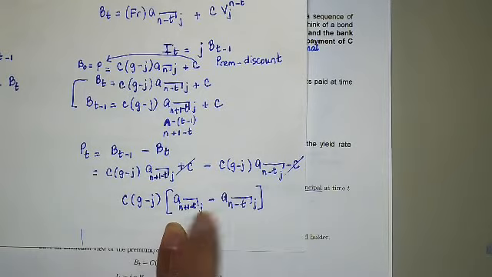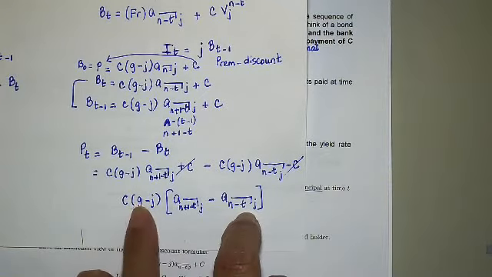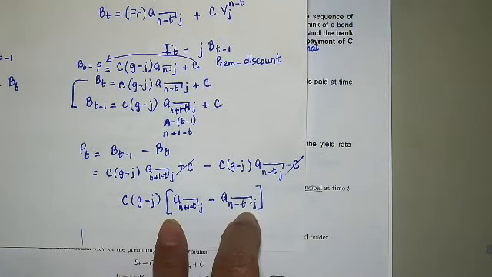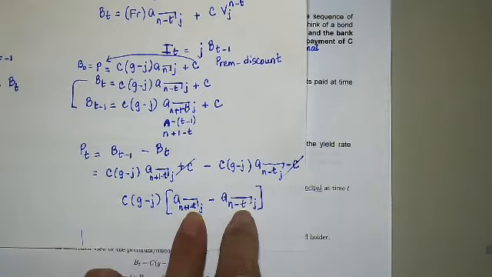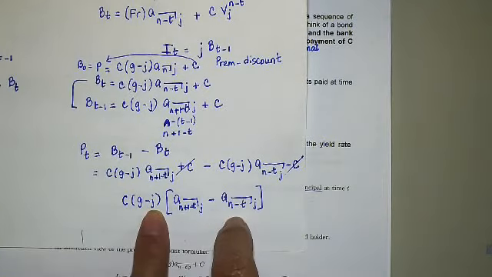Let me explain. You see this first term right here? A angle N plus 1 minus TJ? That's an annuity with how many payments? N plus 1 minus T payments. This one is an annuity with payments of this, CG minus J. How many payments?